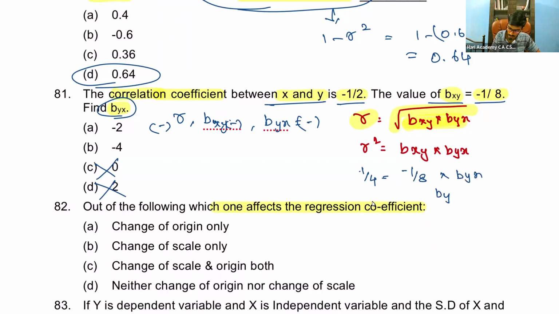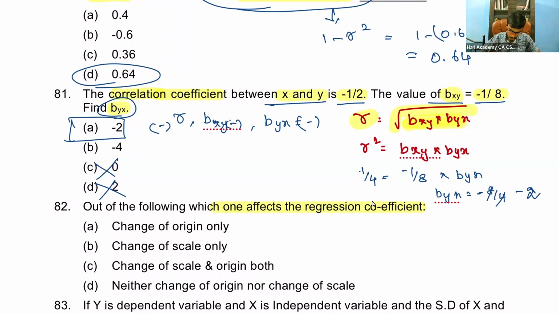So byx is equal to minus 8 by 4. If you cancel this, it will become minus 2. My answer is option A.